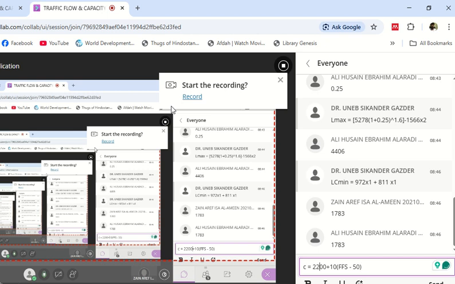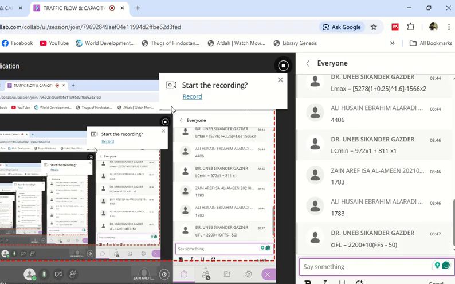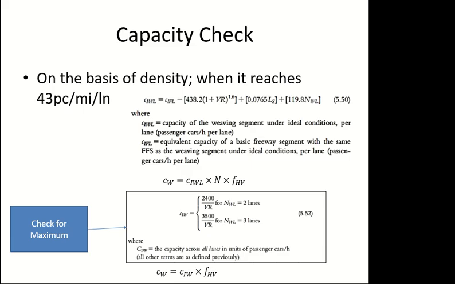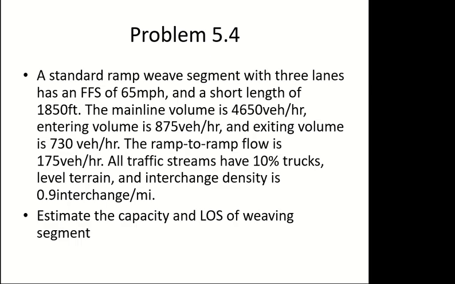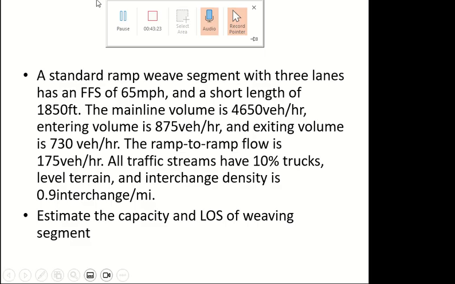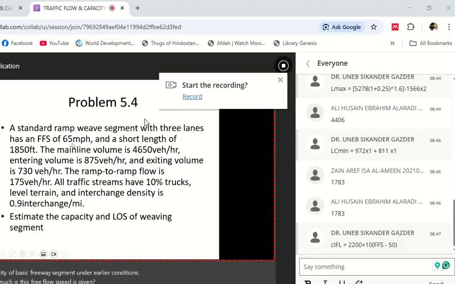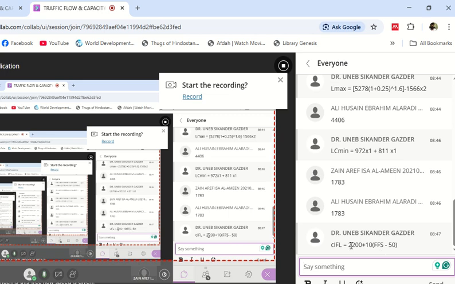We already saw this equation earlier. This will give you the capacity of a basic freeway segment under real conditions. Free flow speed is given as 65.